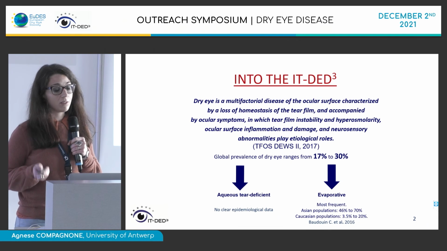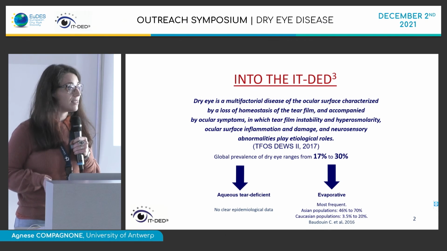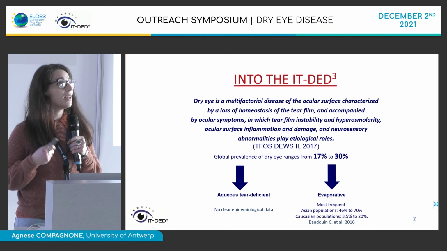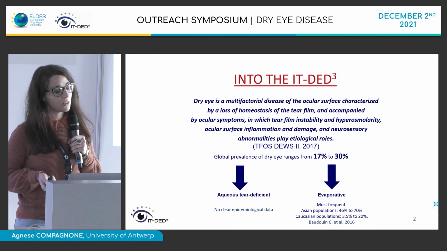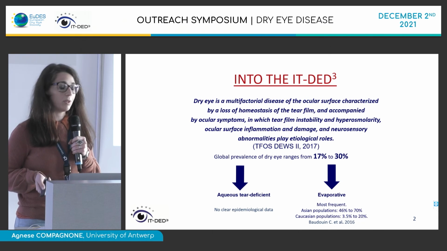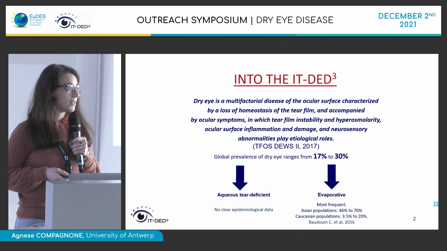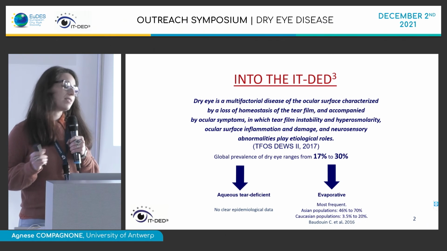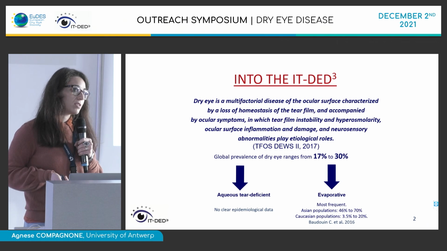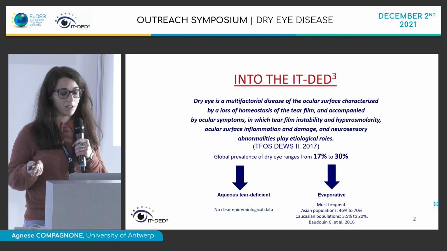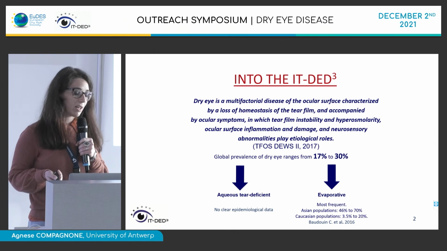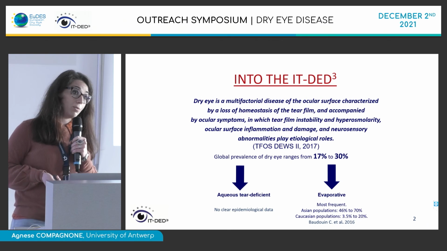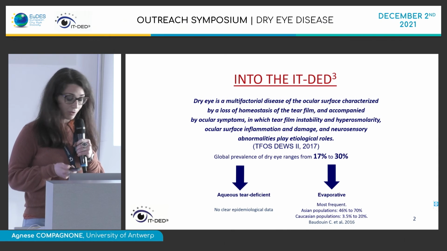The disease is very underdiagnosed, and even though it's underdiagnosed, it's very prevalent. The prevalence ranges from 17% to 30%, and there are two main subtypes: the aqueous tear deficient one, in which there's a lack of tear production, and the evaporative dry eye, which is the most frequent.